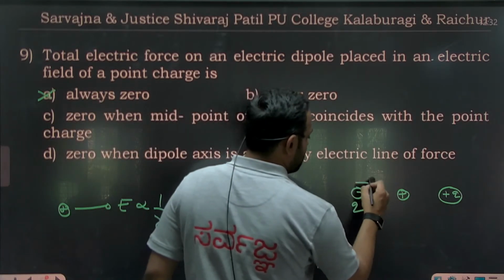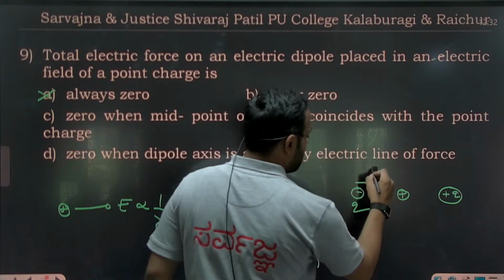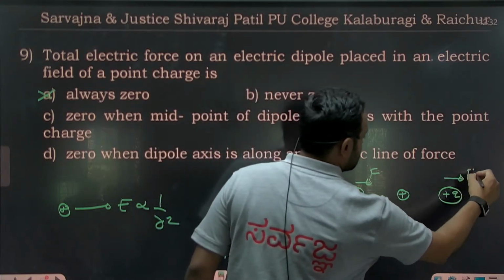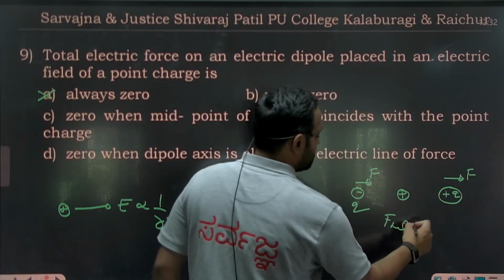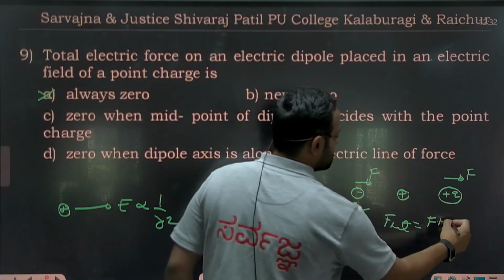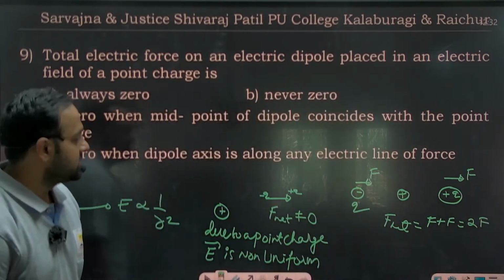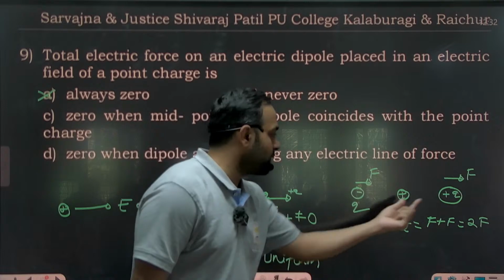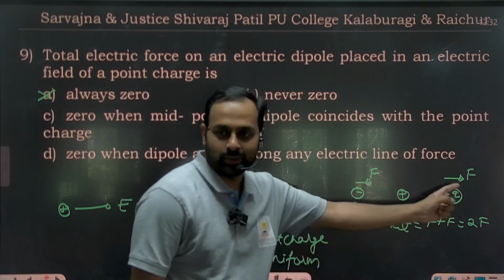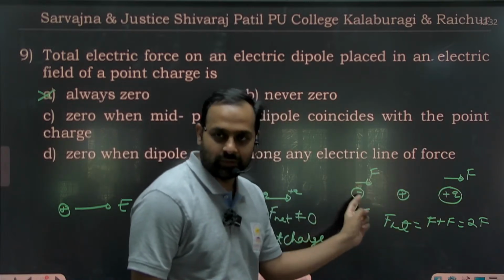On this there will be an attractive force towards the right, on this there will be a repulsive force towards the right. So the net force F plus F becomes 2F. So the force on the dipole will not become 0.